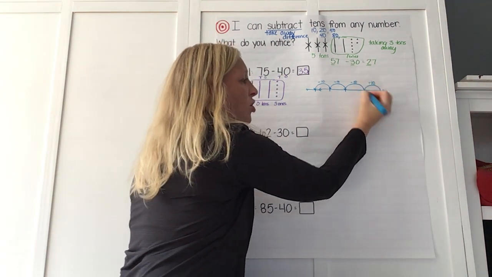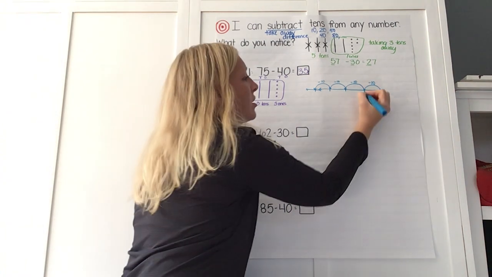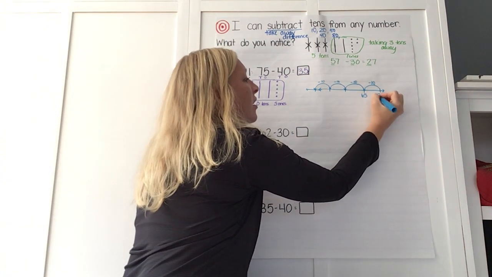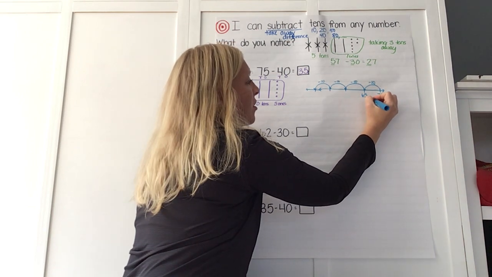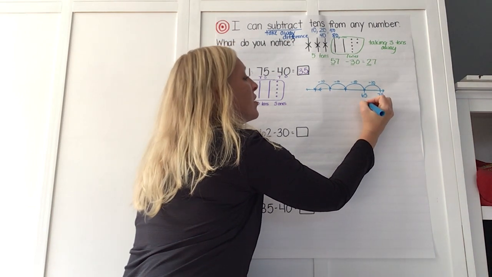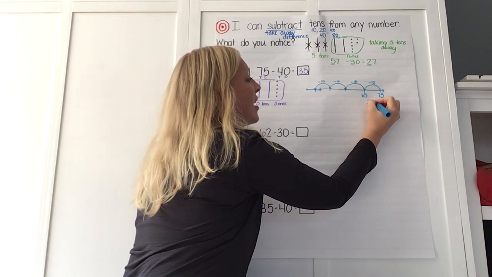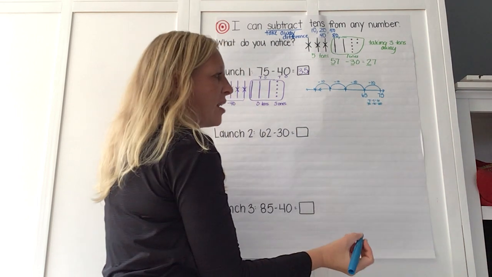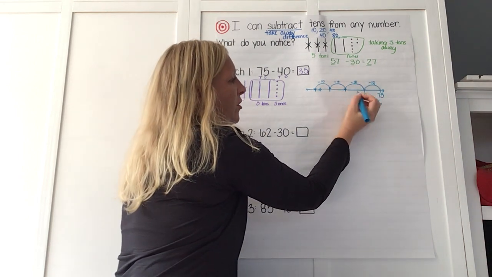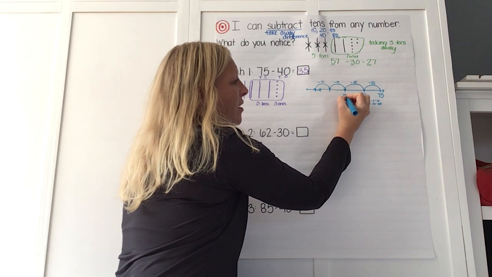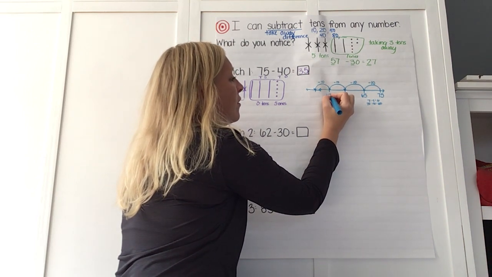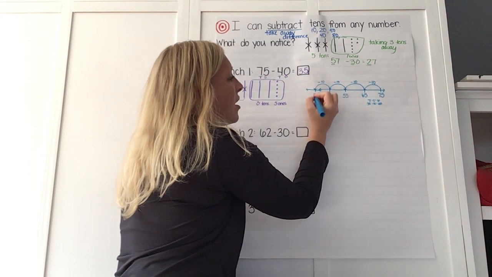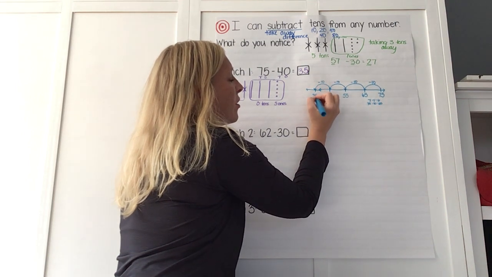So when you made your first jump of 10, what happened? You landed on 65, okay? Because 7 take away 1 equals 6. So 70 take away 10 is 60, okay? And what happened next? You took another 10 away, 55, another 10, 45, another 10, 35.